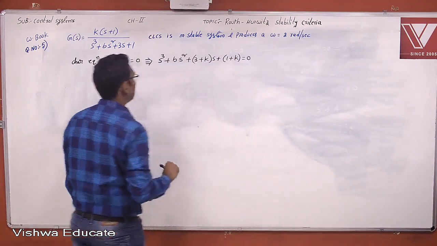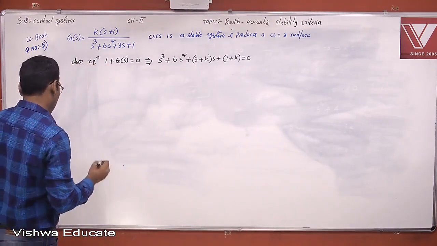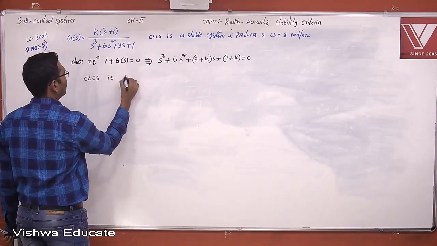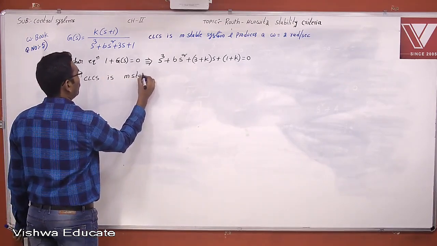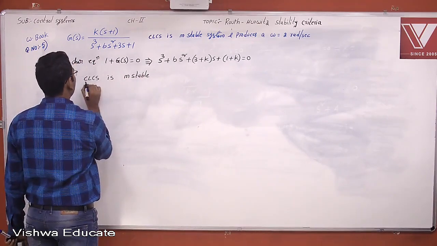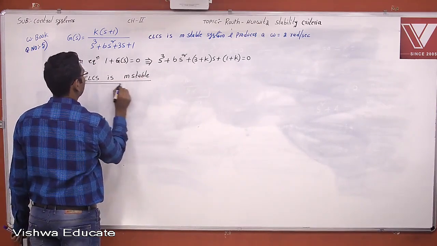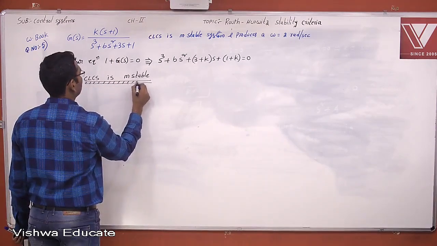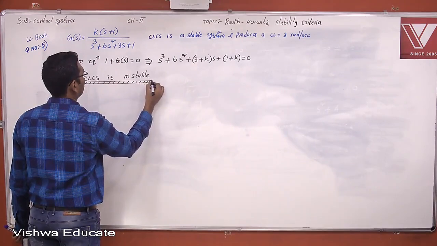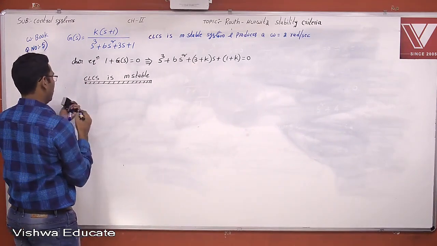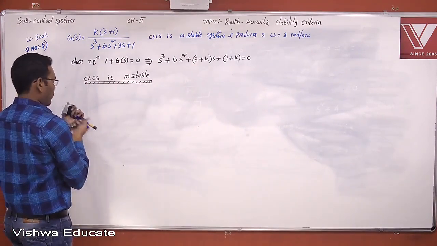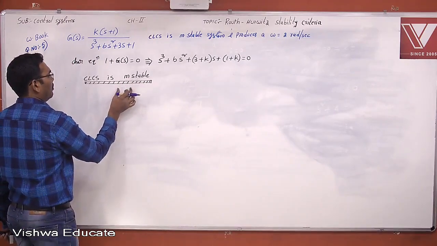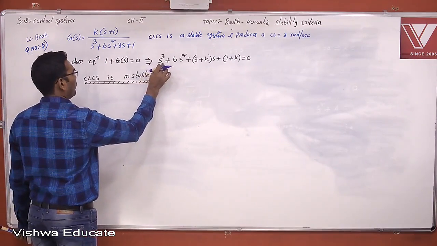This is the characteristic equation of order 3 when the closed loop control system is marginally stable. Now what is the condition for order 3?